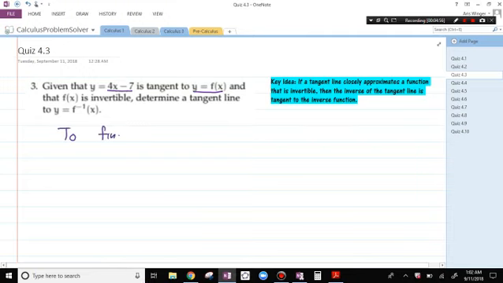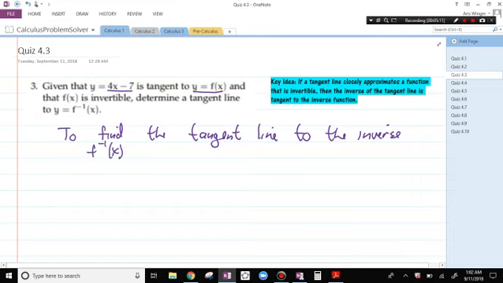And therefore, to find the tangent line to the inverse, f inverse of x, find the inverse of the tangent line.